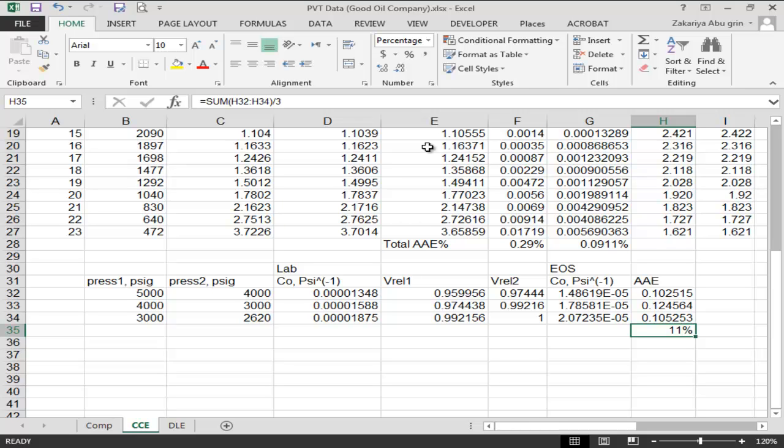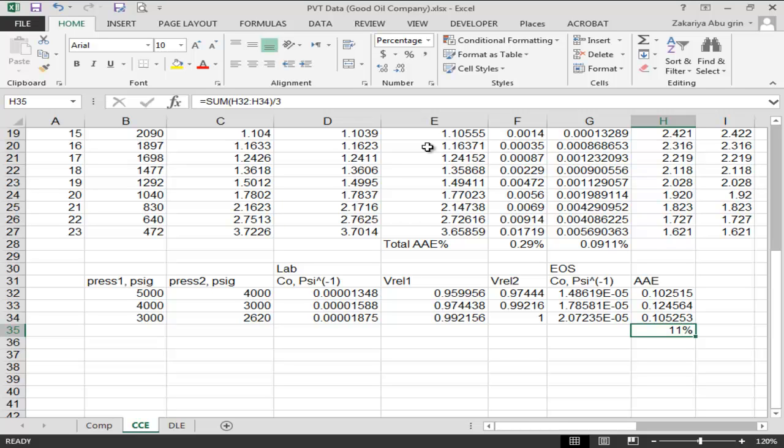For this one we usually can't do anything; we just take it as an indicator. For compressibility, it's not like the relative volume. 10% is okay for compressibility.